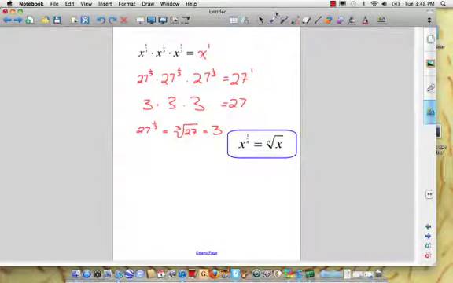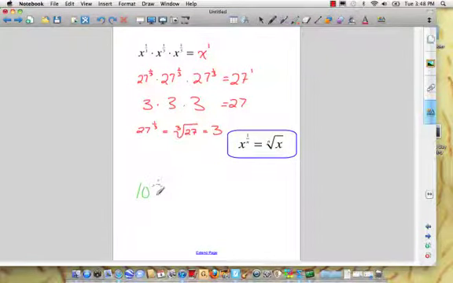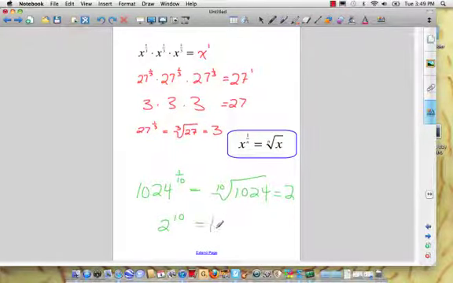Say I told you that I wanted you to find 1024 to the 1/10. Well, that would be the same as the 10th root, not the square root, but the 10th root of 1024. You may not know this off the top of your head, but 2 to the 10th is 1024. So the 10th root of 1024 is 2.